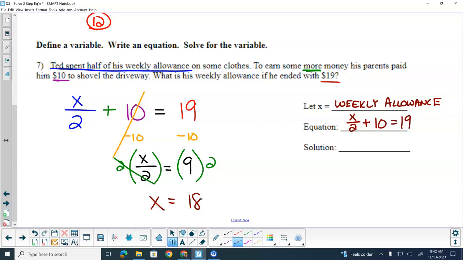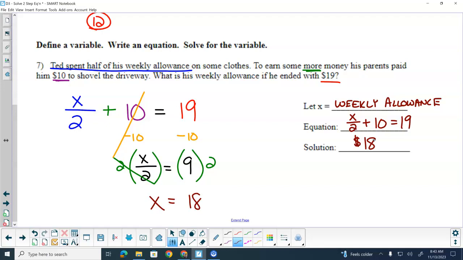Okay? So if his weekly allowance is $18, what's half of 18? 9. So now he's got $9. Then his parents gave him $10 more. So how much money does he have? $19, which is how much he ended up with.